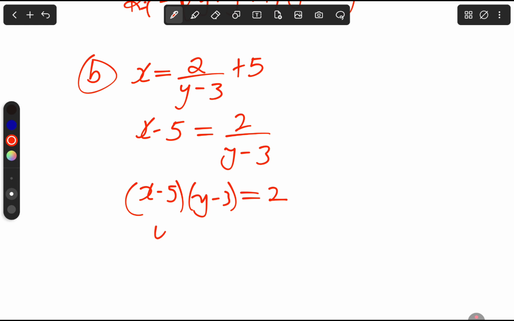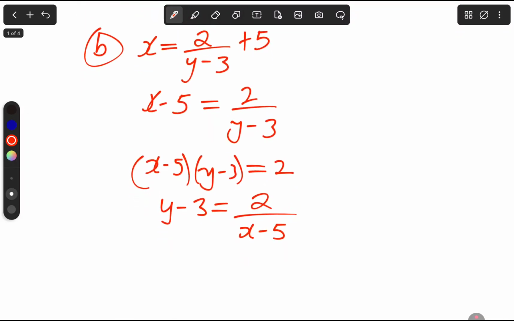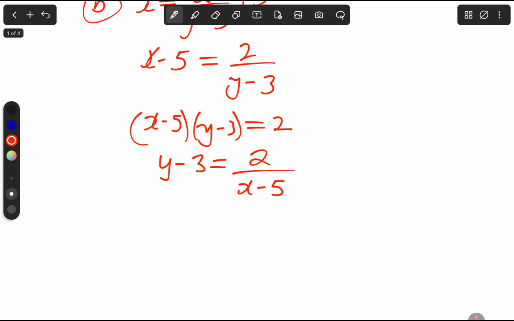So if I make y the subject of the formula, I'll end up having 2 over x minus 5 here. I'll divide throughout by x minus 5, of course. Now, we need y alone. So this means that y is equal to 2 over x minus 5. This 3 goes to the other side.